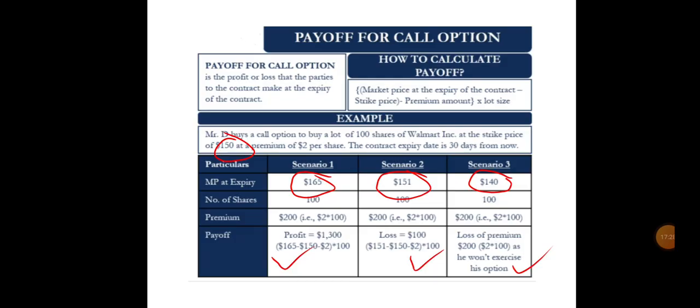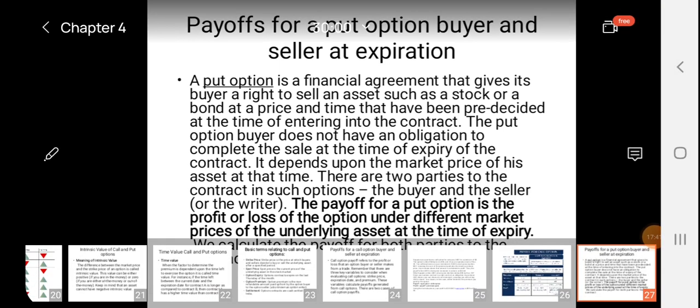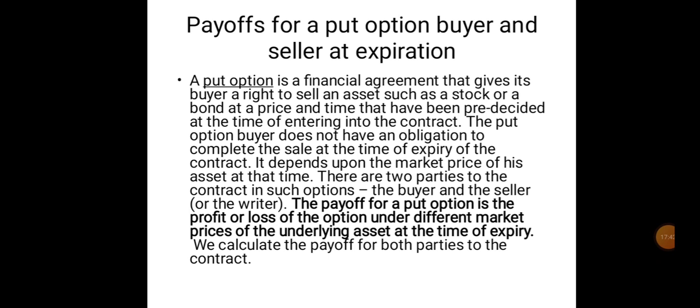Next, payoffs for a put option buyer and seller at expiration. Okay, a put option is a financial agreement that gives its buyer a right to sell an asset such as a stock or a bond at a price and a time that have been pre-decided at the time of entering into the contract. The put option buyer does not have an obligation to complete the sale at the time of expiry of the contract.